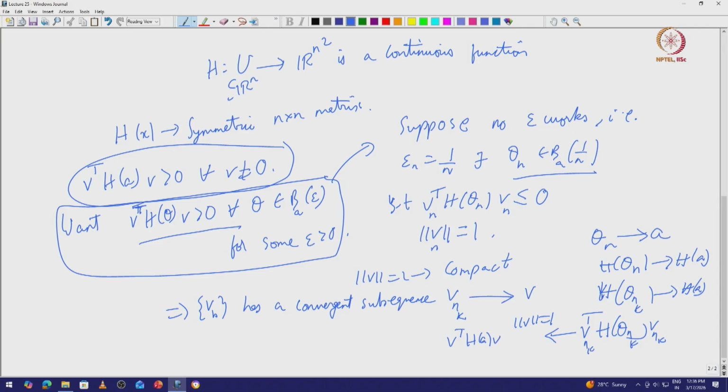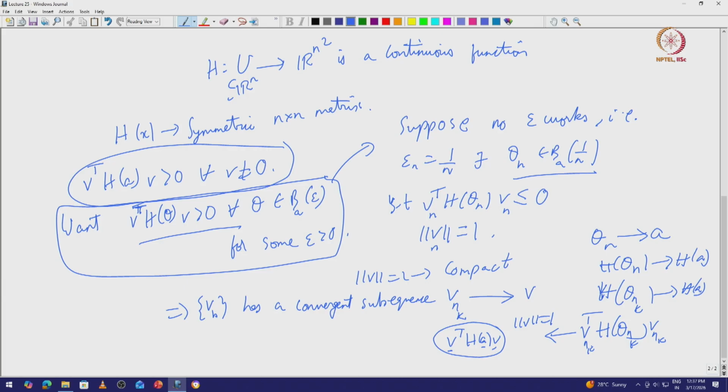Because matrix multiplication is continuous, right? This is a continuous function of A and V. I mean, as theta n converges to A, H of theta n converges to H of A, and matrix multiplication is continuous, so the product of these matrices converges to this.